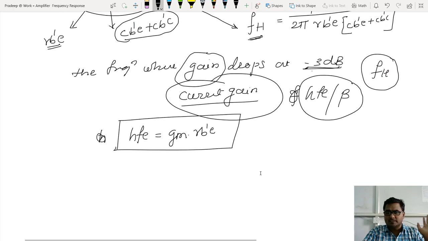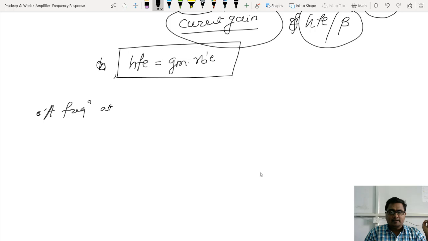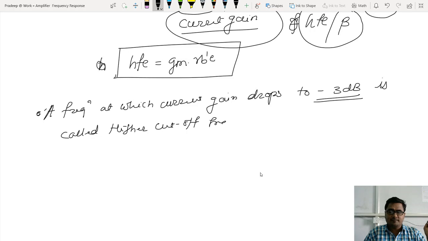For the time being, we have nothing to do with the value of HFE. We stick to the definition: the frequency at which current gain drops to minus 3 dB is called the higher cutoff frequency, and this is denoted by F beta or F HFE.